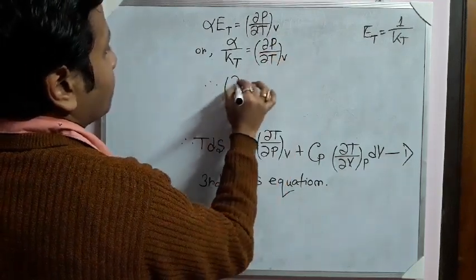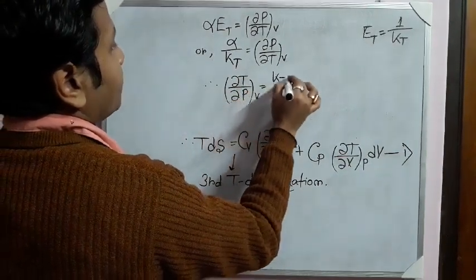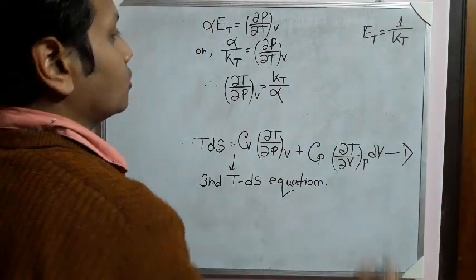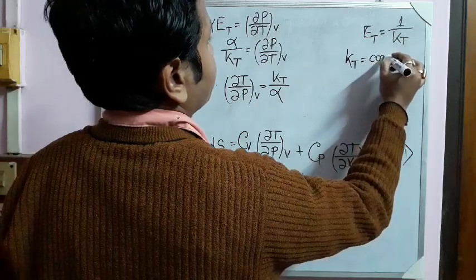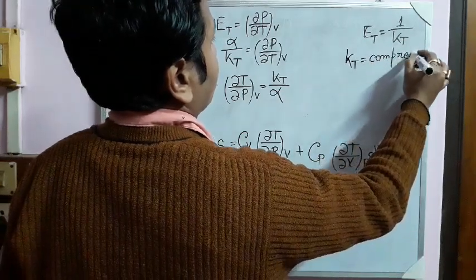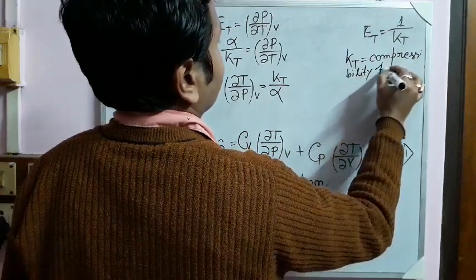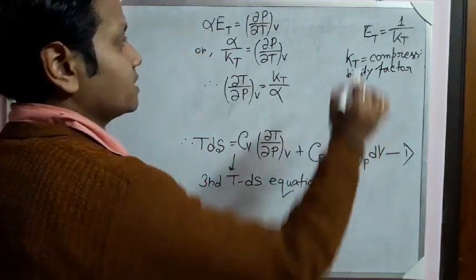So what will be my del T del P at constant volume? This is simply KT upon alpha. KT is the isothermal compressibility, the reciprocal of ET.